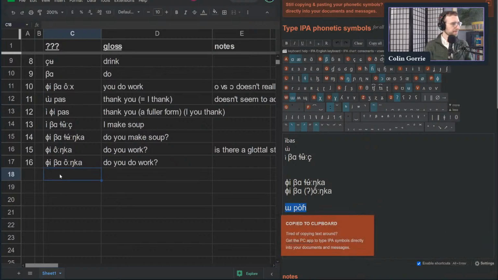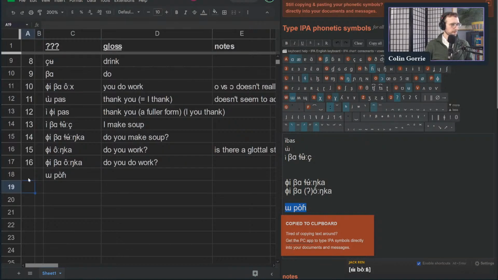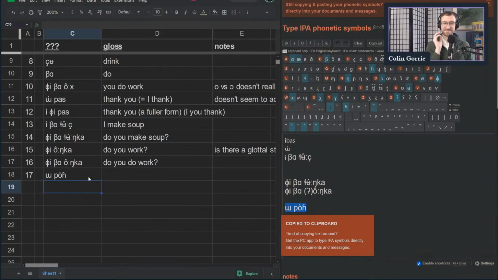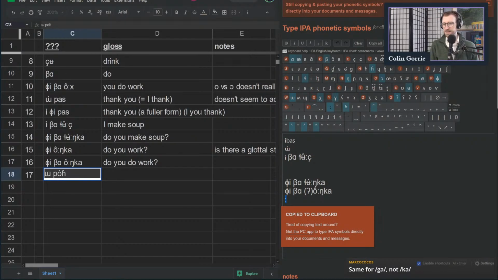I sleep. Yeah, let's do it again. Ubo. Is it long? Maybe. Not long.